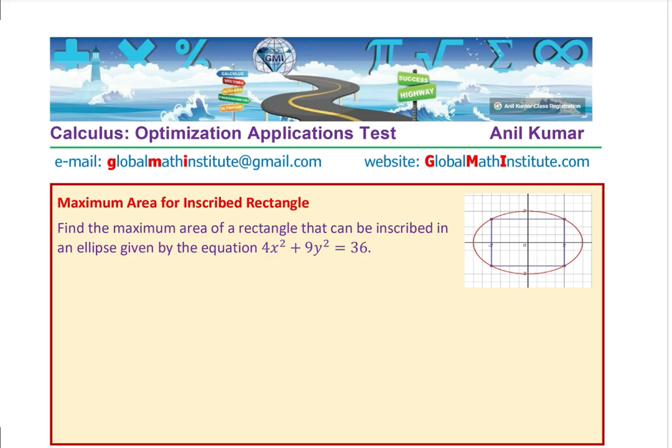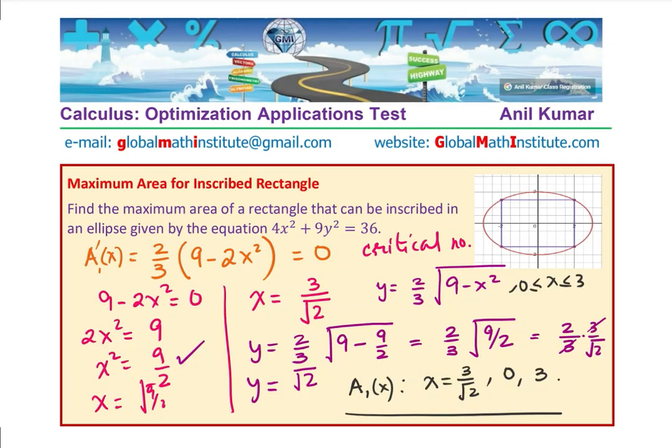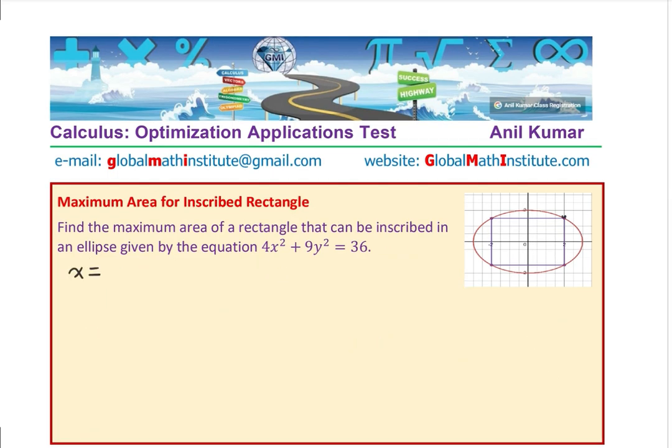So what we found was the critical number where x is equal to 3 over square root 2 and y is square root 2. And we are working in quadrant 1, correct? Where the point is (x, y), and we know that the value of x can be between 0 and 3.